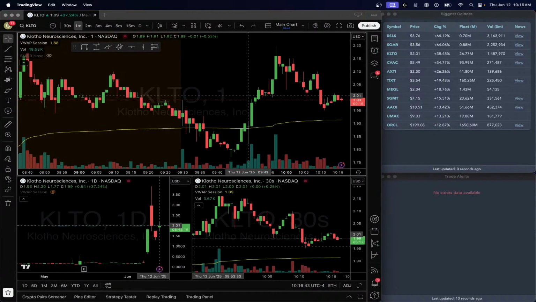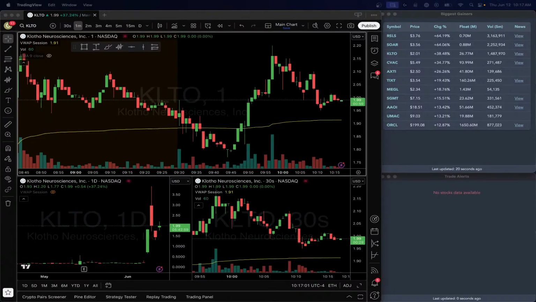KLTO, that ran a couple days ago. RSLS was the best trade so far for me.